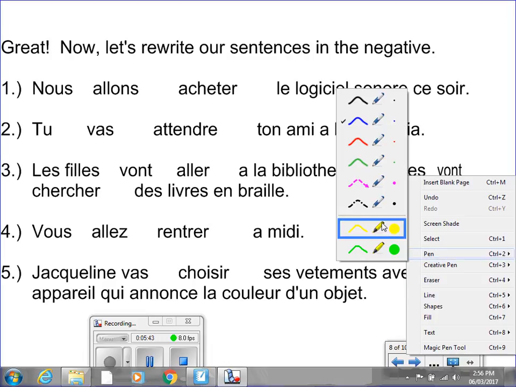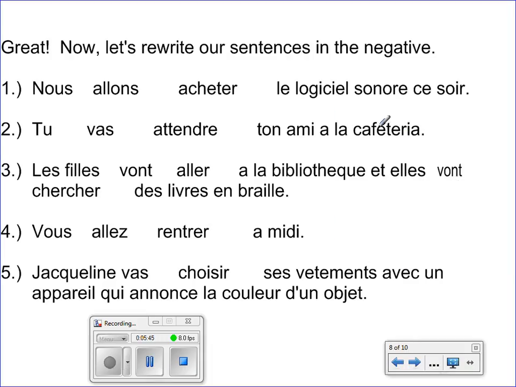Well, the rule is we put ne and pas around the conjugate form of aller. So look at un, we see allons, so that means we're going to put an apostrophe because allons begins with a vowel. Okay, so we have nous n'allons pas acheter le logiciel sonore ce soir.